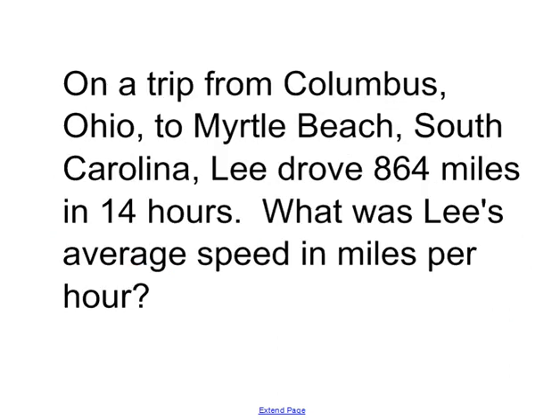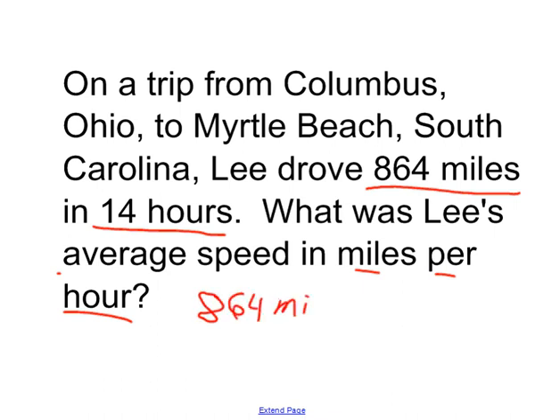On a trip from Columbus, Ohio to Myrtle Beach, South Carolina, Lee drove 864 miles in 14 hours. What was Lee's average speed in miles per hour? So I say 864 miles in 14 hours. I'm actually going to do the division here.